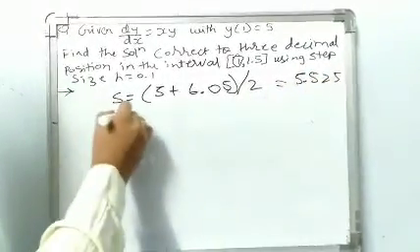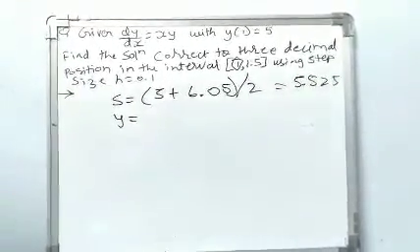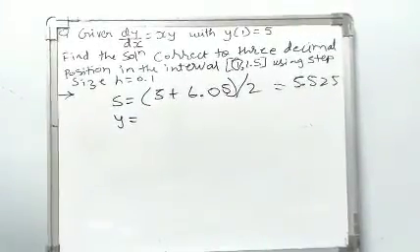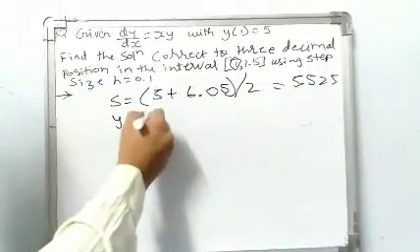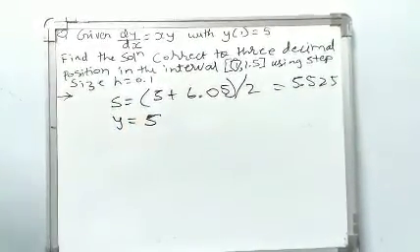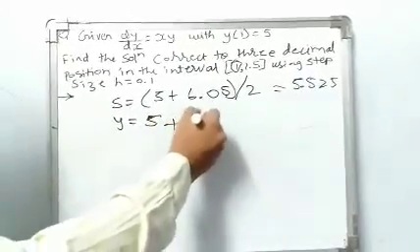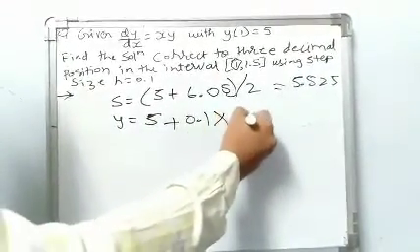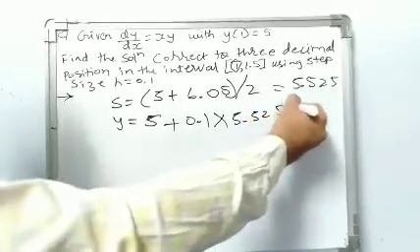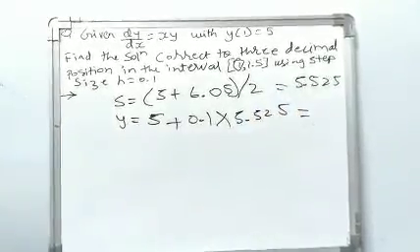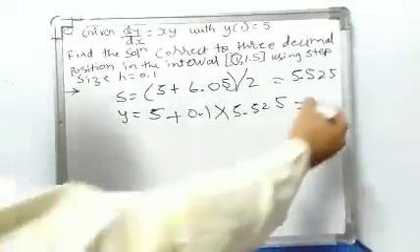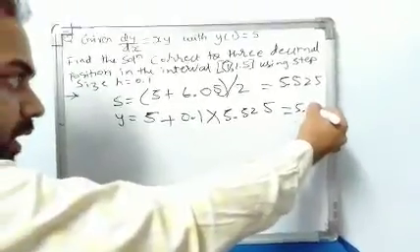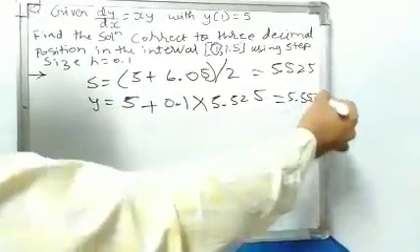So y is equal to 5 plus 0.1 into 5.525, so the answer is 5.553.